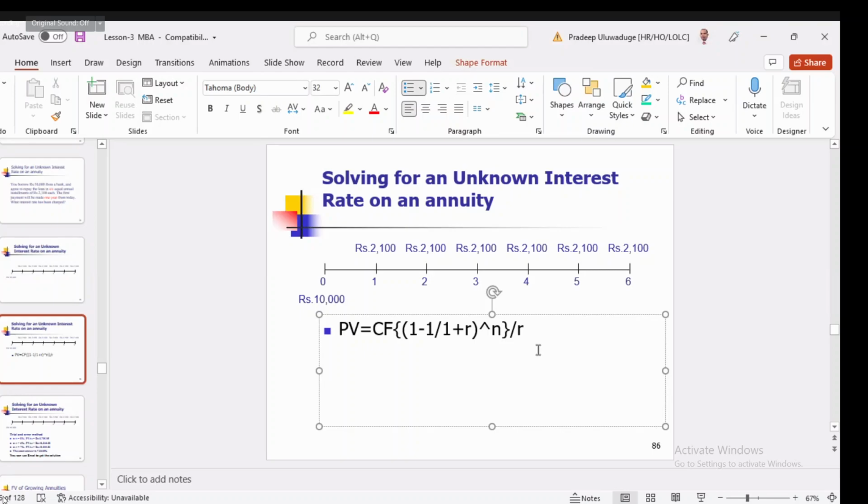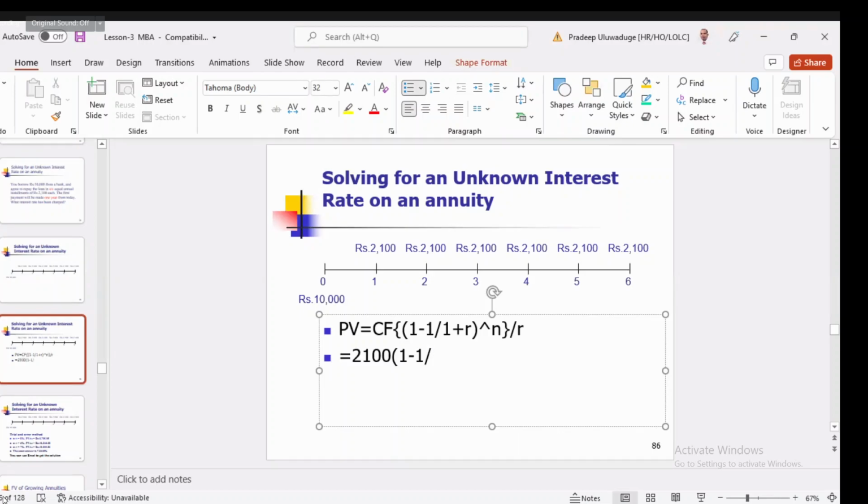We can make a guess and then calculate. So 2,100 into 1 minus 1 over 1 plus r.